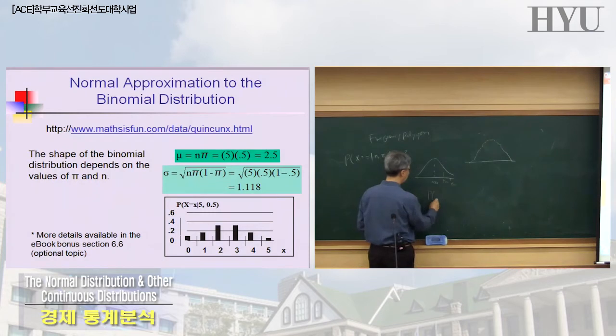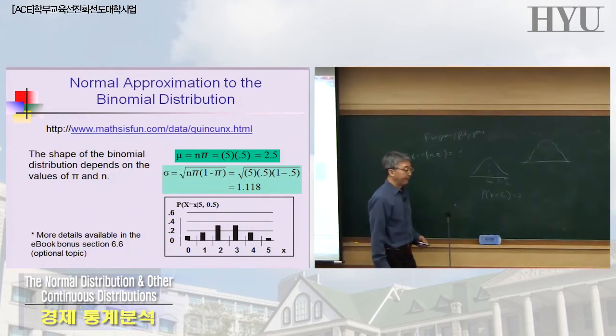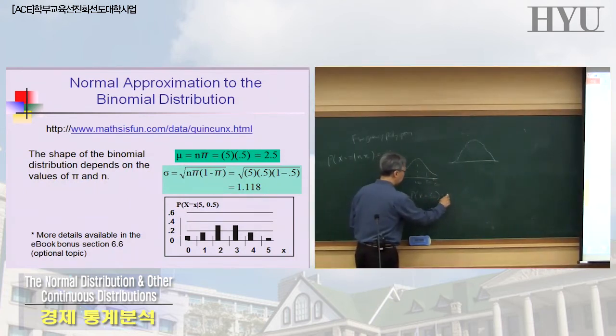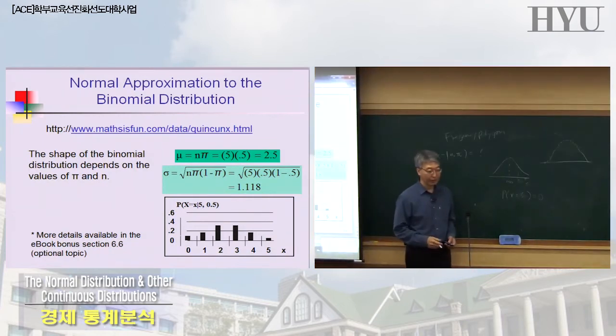The probability of x being 60. Well, that's a very easy question to ask. It is 0. Can you understand why?